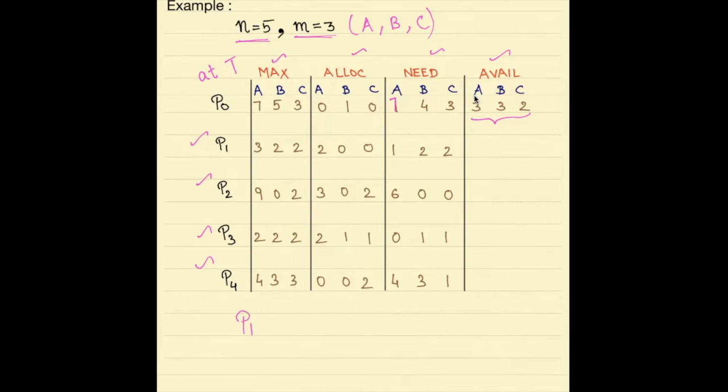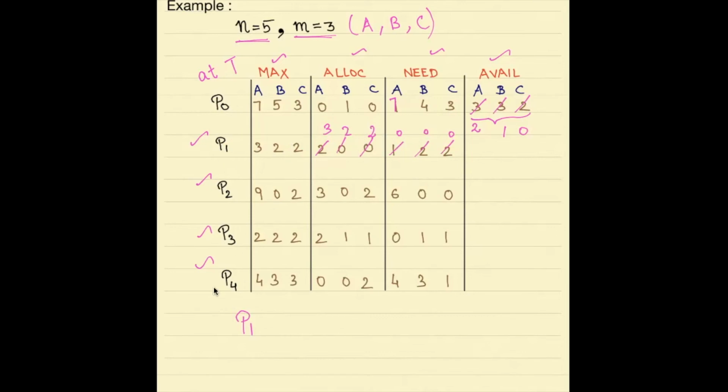Let's say I give 1 instance of resource A and 2 instances of resource B and 2 instances of resource C. So my need will become 0, 0, 0, right? So my allocation will be 3, 2, 2, right? So all these maximum resources and allocation match.